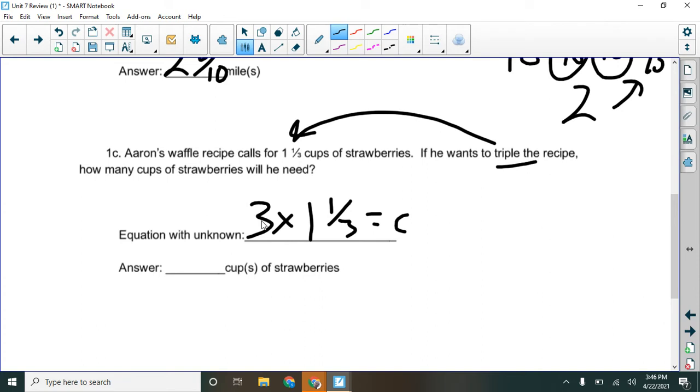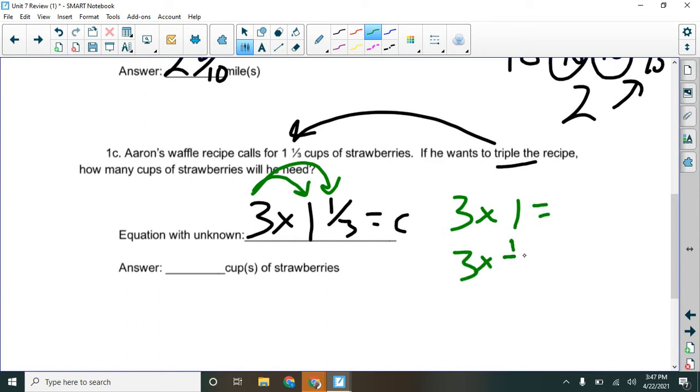Now, what do you remember about multiplying a whole number times a mixed number? Yeah, most of the time we're going to split this into 2 parts, right? We're going to take the 3 and multiply it times the 1, and then the 3 times the 1/3. 3 times 1. 3 times 1/3.